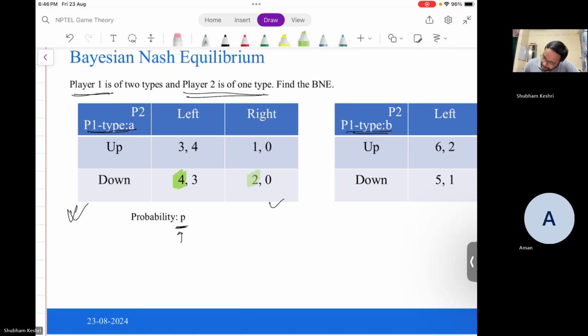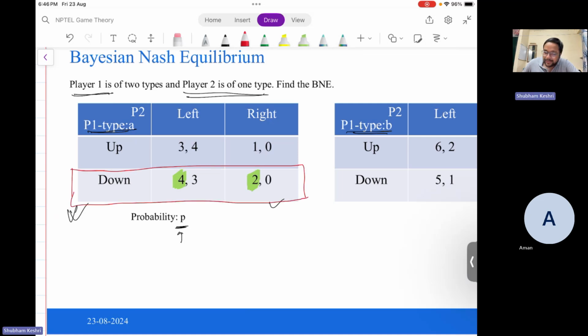Similarly, when player 2 plays right, the best response of player 1A is to play down. Therefore, you see, this action down is the dominant strategy for player 1A. Therefore, player 1A will never play up.